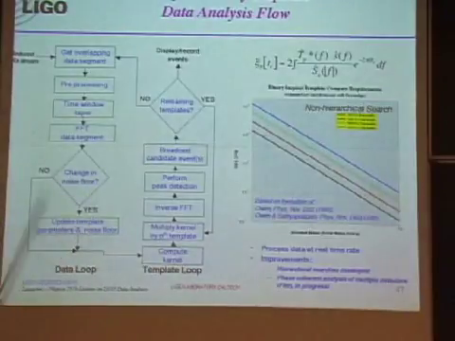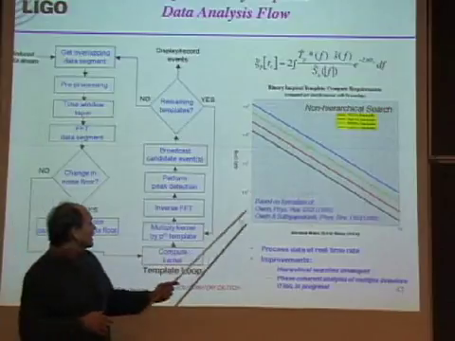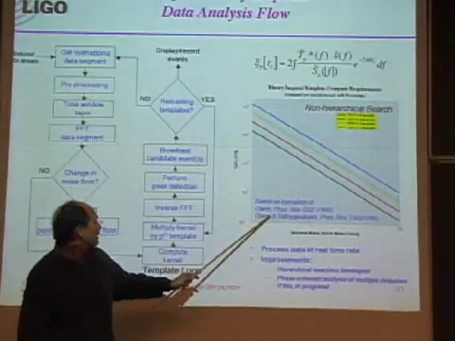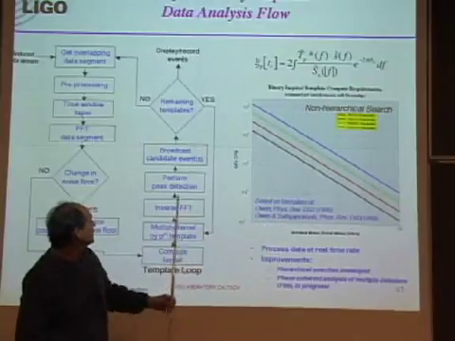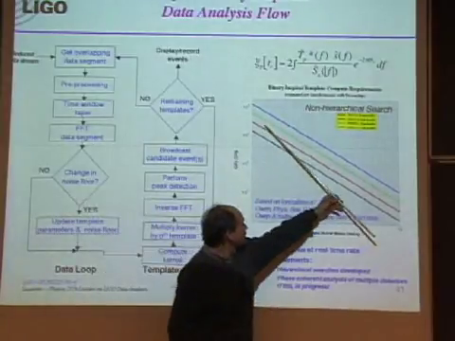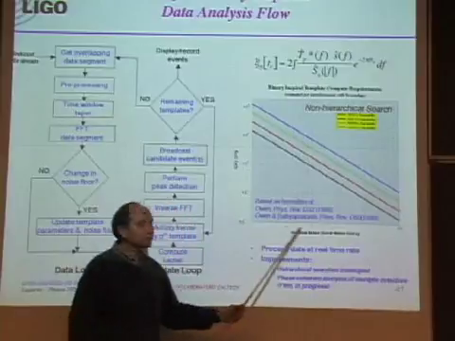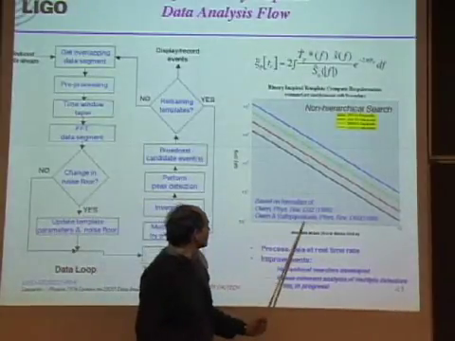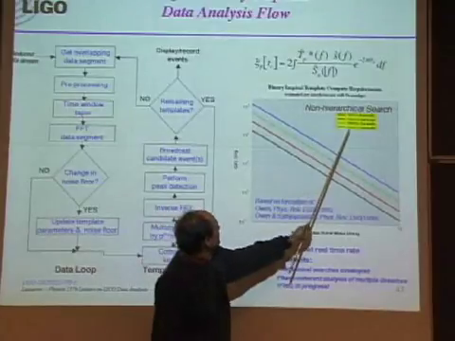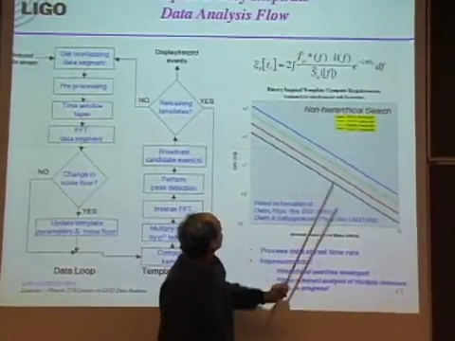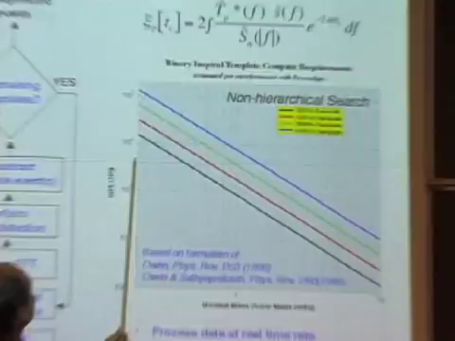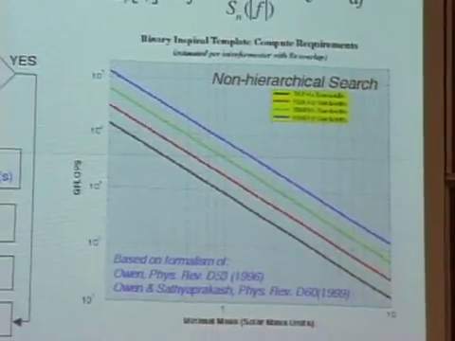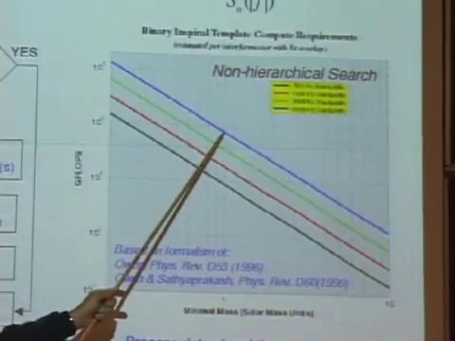And in such an analysis, it's possible to come up, using the formalism that I mentioned earlier of how you lay out templates by Owen and Satya Prakash, with how much computational power is needed as a function of how light a system you want to search for in mass. This shows that if you look for unit solar mass systems at highest data resolution, which is about 4,000 samples per second, we need of order 80 or so gigaflops, which is a rather large and respectable number.